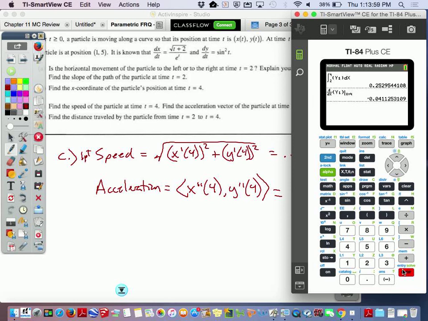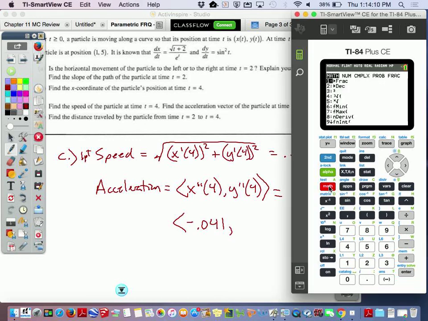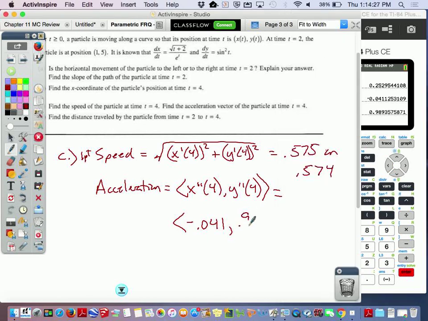This gives me the second derivative then, because I'm doing the derivative of the first derivative. So we got negative 0.041. And then for the y-coordinate, I'll do the exact same thing, but with my y2 equation, which represented y prime. That is 0.989. And that is a point for that.